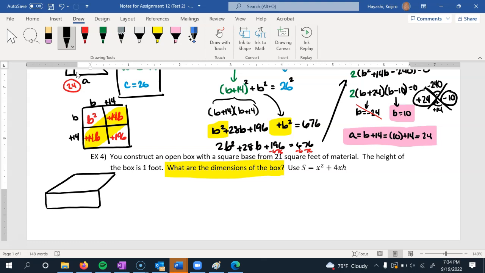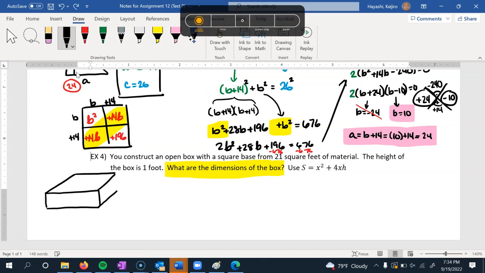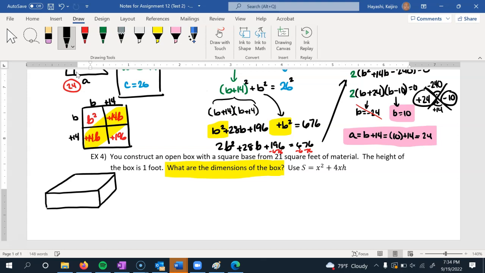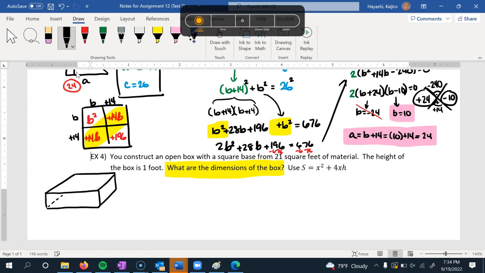Now it has a square base, so what that means is that if you were to look at it from the top, you would see a square. Okay.